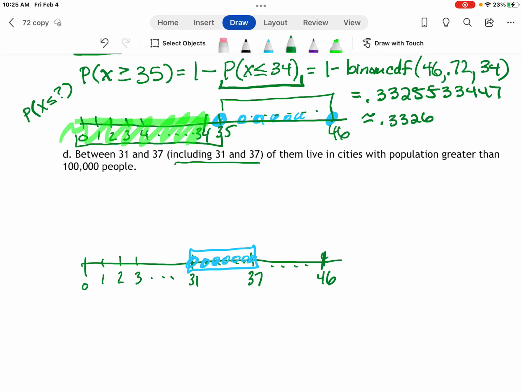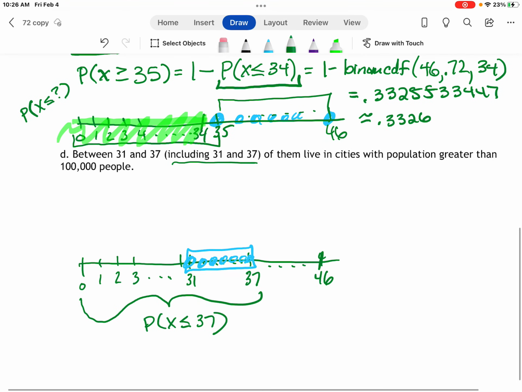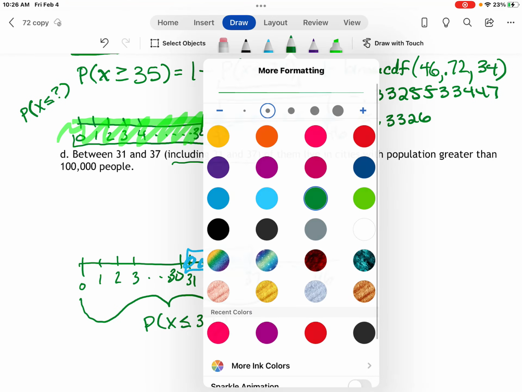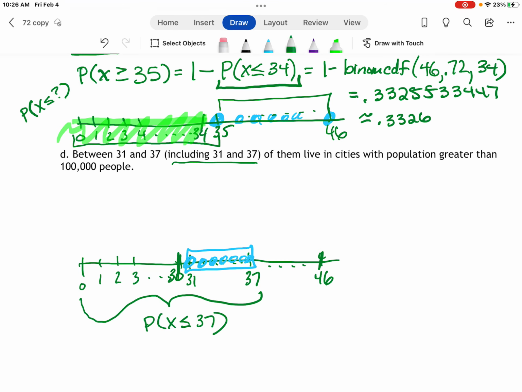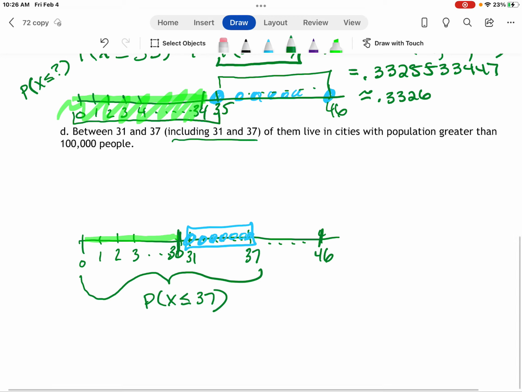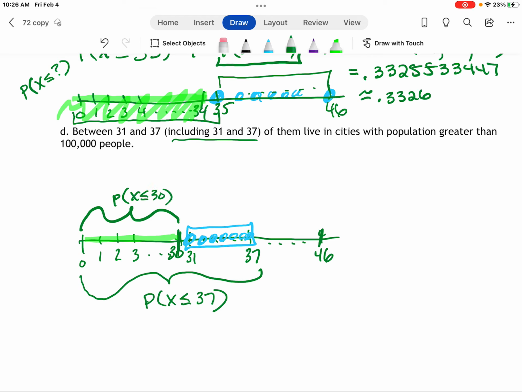So using the CDF, I'm going to find everything that's less than or equal to 37, and then I'm going to subtract off everything from 30 down. So this is what we're going to subtract off, which is the probability that X is less than or equal to 30.